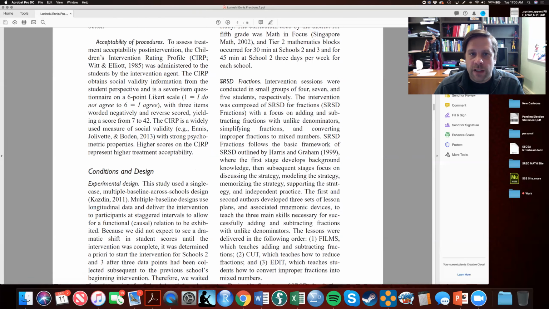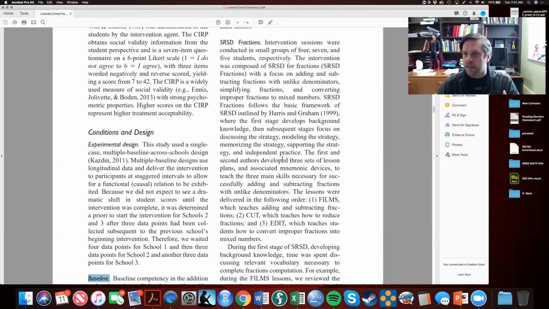And then we describe our intervention. And this needs to be done in such a way that someone else could pick this paper up and conceivably replicate everything that I've done. All of this method section should be written in such a way that someone else could pick it up and go, okay, I could actually do this study. Maybe I would need a little bit more information, like we have lesson plans and everything that goes along with this. That's not listed here. It's listed in the materials, but we don't actually write the lesson plan into the method section.